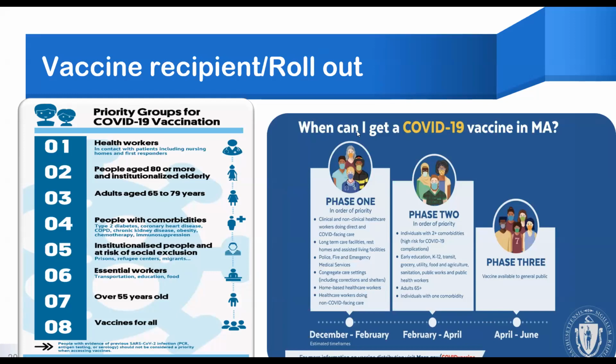The next is early education or K-12, transit, grocery, utility, food and agriculture, sanitation, public works, and public health workers. Yung mga nagtitinda sa mga groceries, yung mga nagbiyahe ng mga foods, yung mga ganun. Then, yung adult 65 pataas. Then, next is yung individuals with one comorbidity. So, ang phase natin, pangkalahatan na siya. Yung sino yung may gusto.